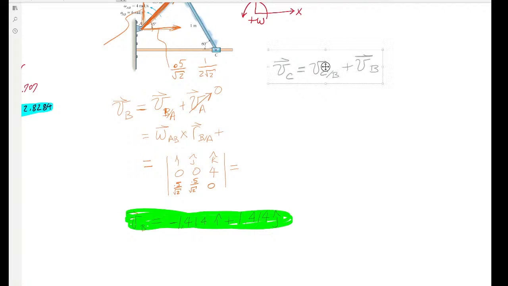If I want to write it again, it would be velocity of C equals omega BC crossed with RBA, plus velocity of B, which I can grab from before.